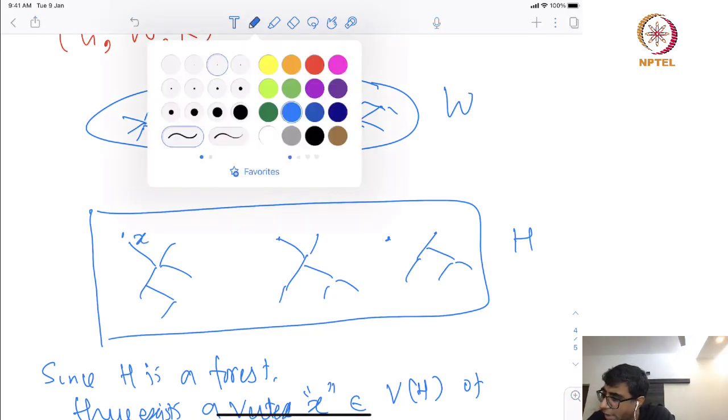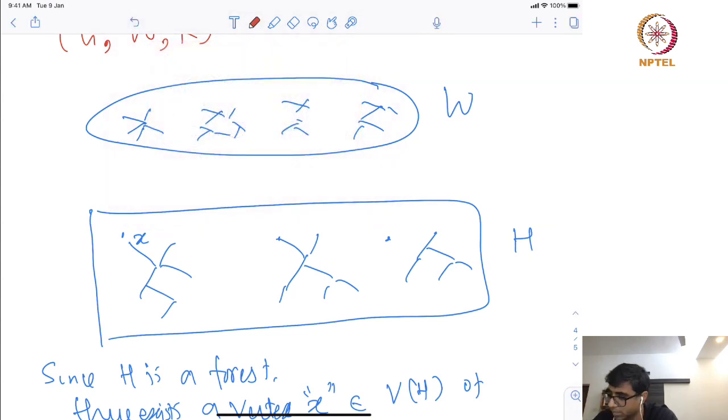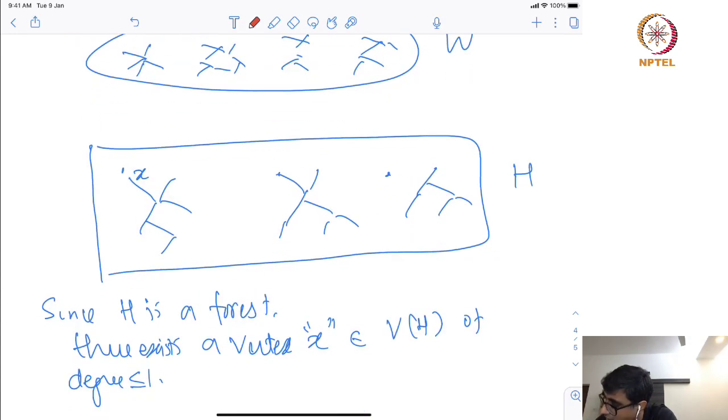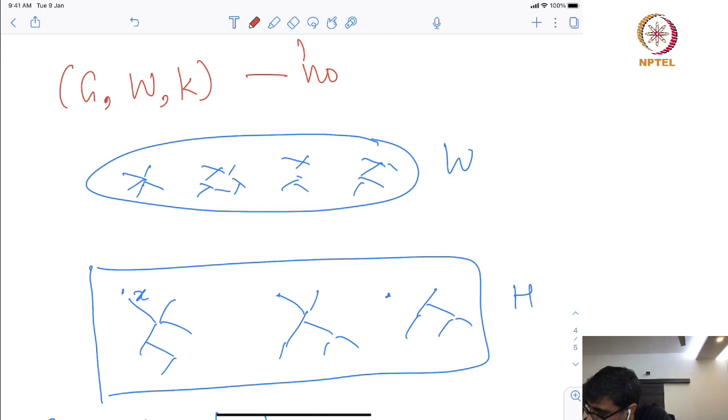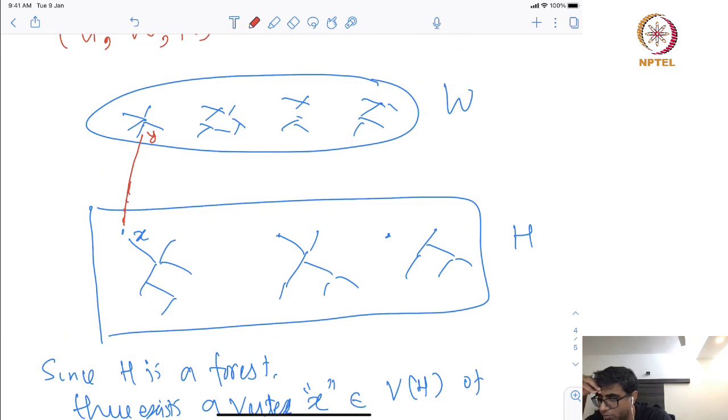Now, ask ourselves, where are its neighbors? Since we have applied the rules, there is no vertex of degree 1 in this graph, so it has at least one neighbor, and since its degree is 1 in H, its other neighbor must belong to W. So suppose it has neighbor some Y. But why does it have only one neighbor in H, with degree exactly 1?